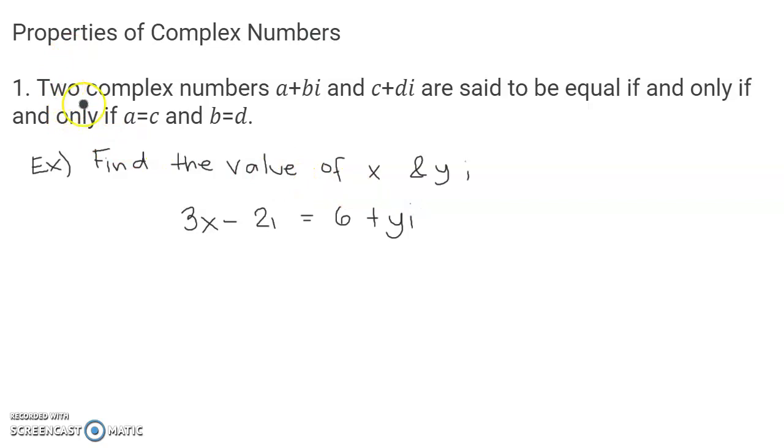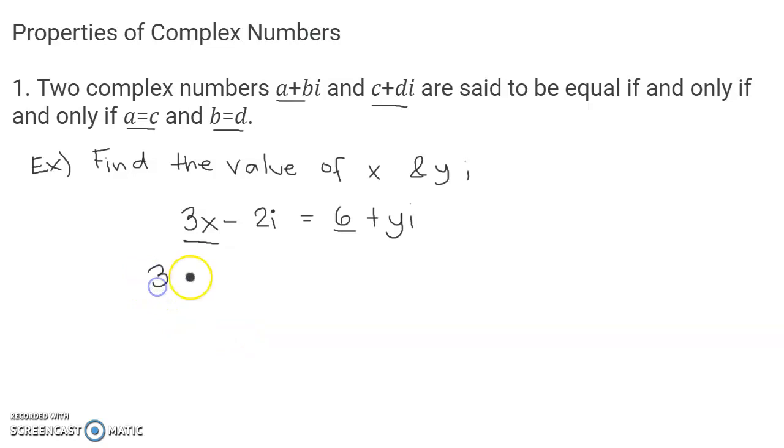From this property, the two complex numbers are equal if the real parts are equal and the imaginary parts are equal. So from this example, the real part 3x is equivalent to the real part 6.